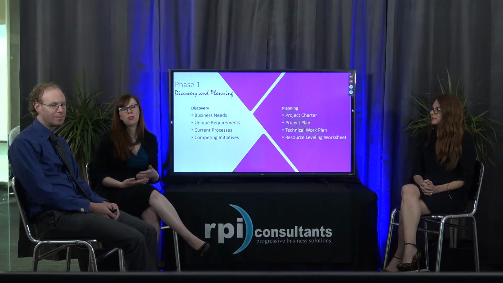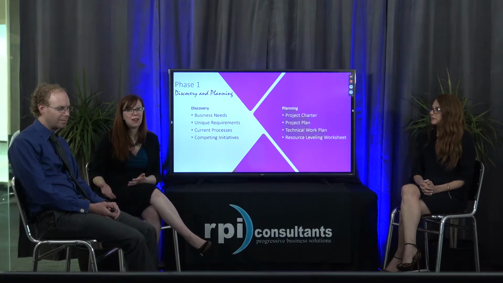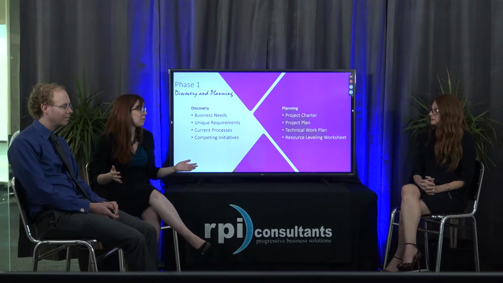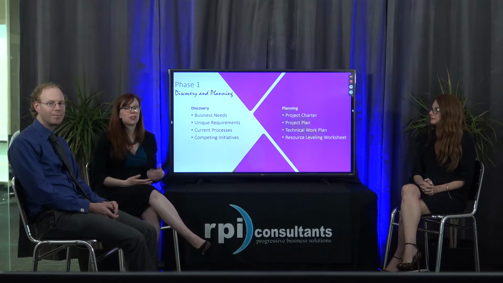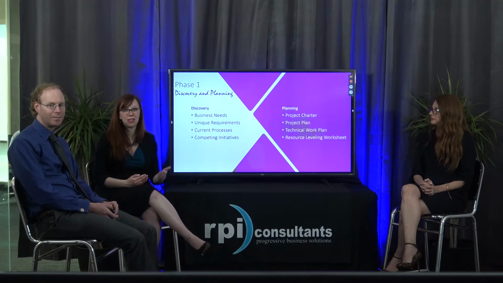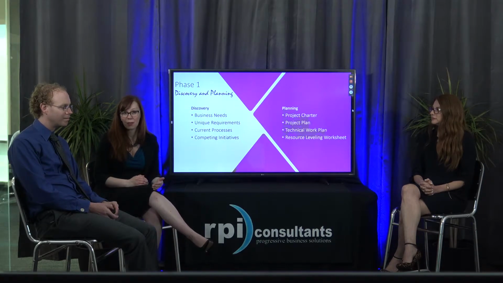Or is this really more of a 75, 80% full-time equivalent commitment? And those are all really important, and that's largely how we arrive at the project plan at that point, and also our project timeline. Looking at those competing initiatives, looking at what resource availability looks like. Do you have staff that you can backfill positions and totally be dedicated to the project for the next 9 months?